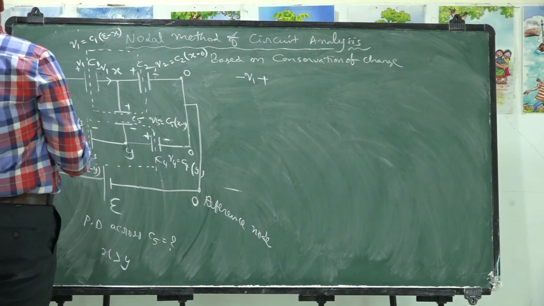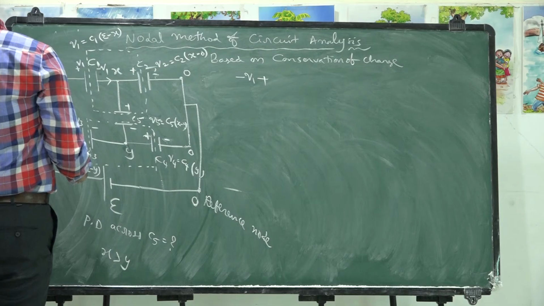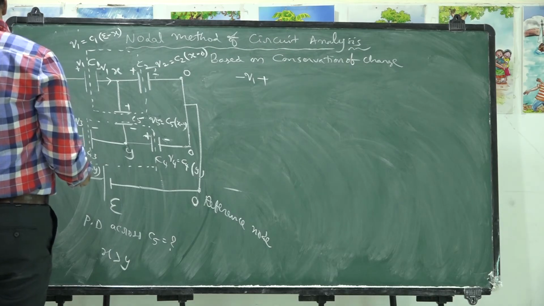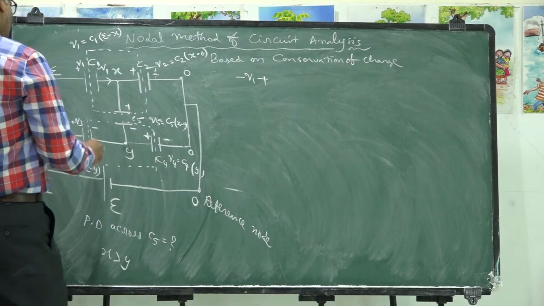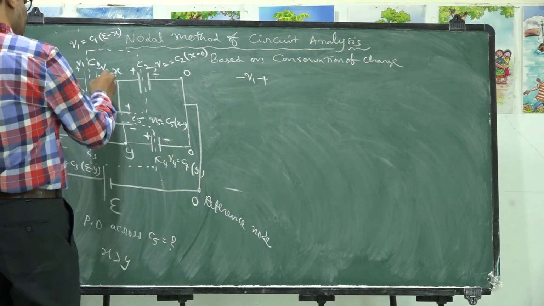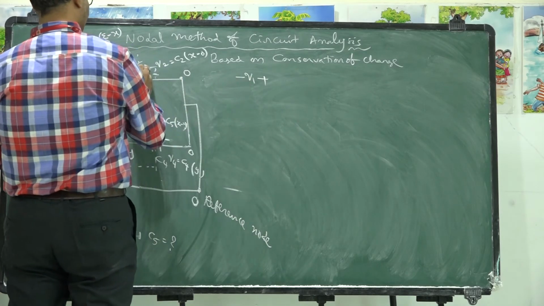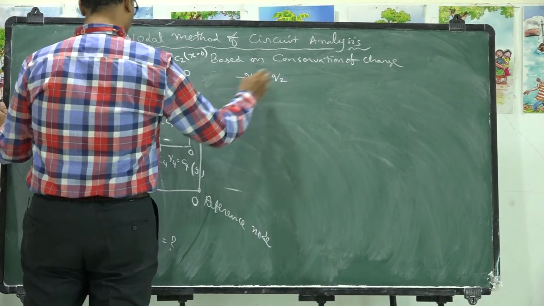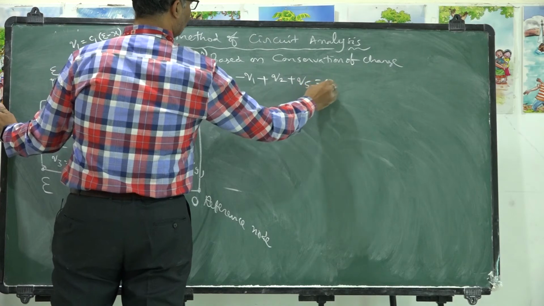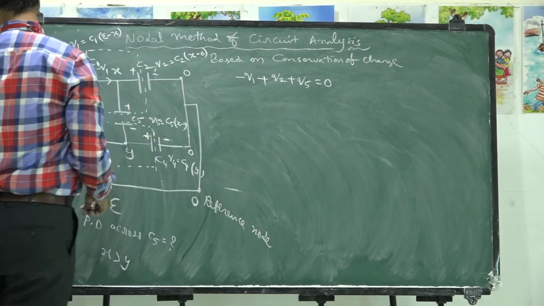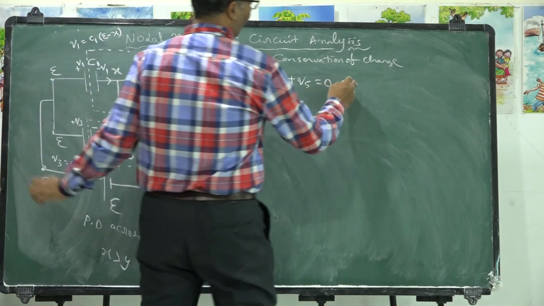If I apply the isolation equation, what is the isolation equation in the first loop? This is the first loop: minus q1, here plus q2, here plus q5. Their sum must be 0 for isolated system 1.